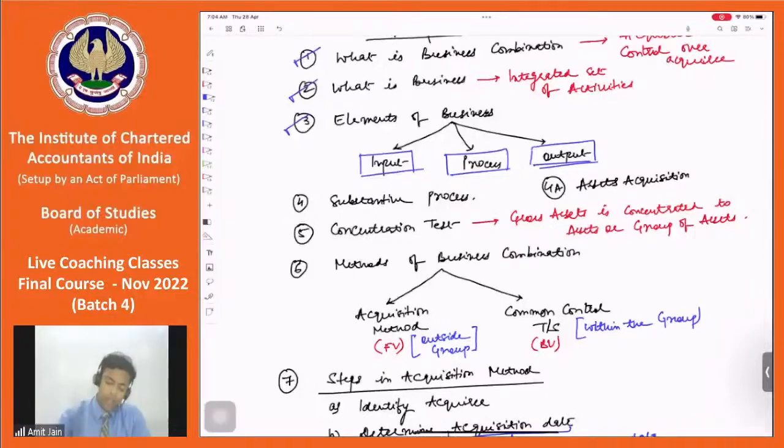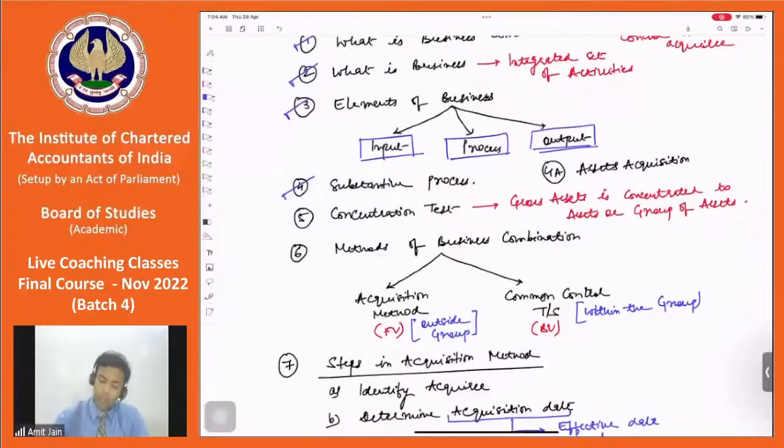Then we talked about the substantive process. If the output is generating, the process and input must be capable of continuing to generate the output. If the output is not generating, then the input and the process must be capable of generating the output. We also talked about skilled workforce, which has the skills, knowledge and experience to generate the output.